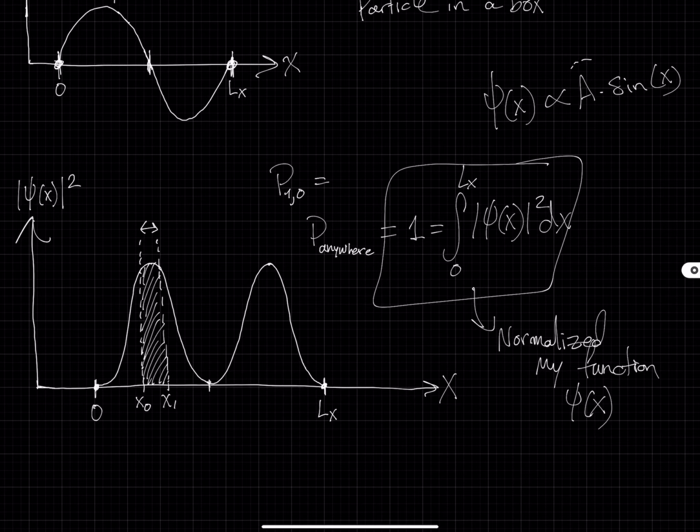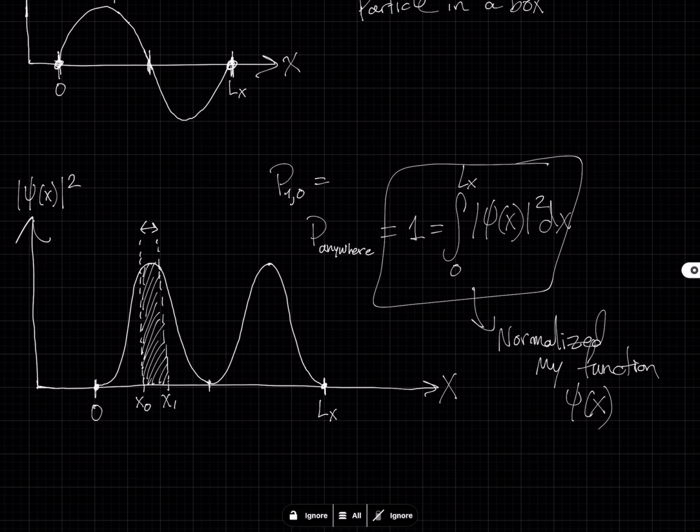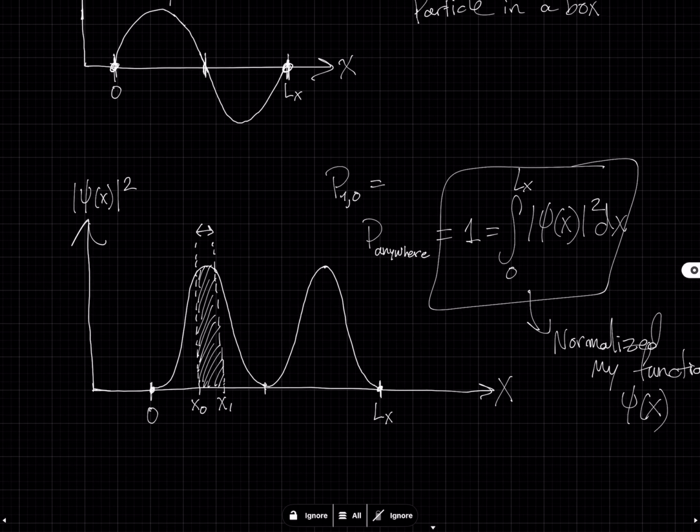And it is this A that we solve for if we wish to normalize our wave function. However, if this holds true, then there is no need for normalization. But when we have this constant A, we need to normalize it by solving for it. But we're going to do that later. I just wanted to essentially introduce to you the concept behind normalization.